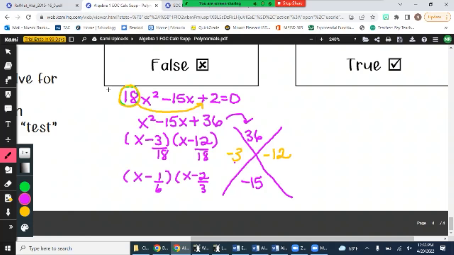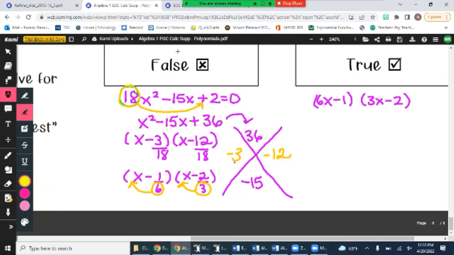Negative 2/3. So we're going to take that bottom number in the fraction and do bottoms up. Bottom number to the top. Bottom number to the top. 6x minus 1, and then 3x minus 2.